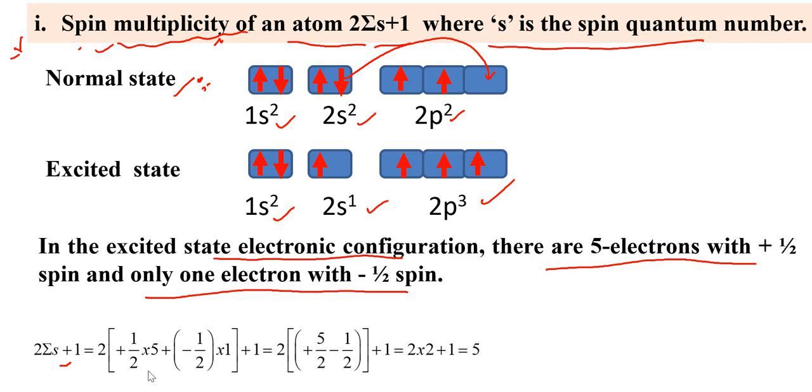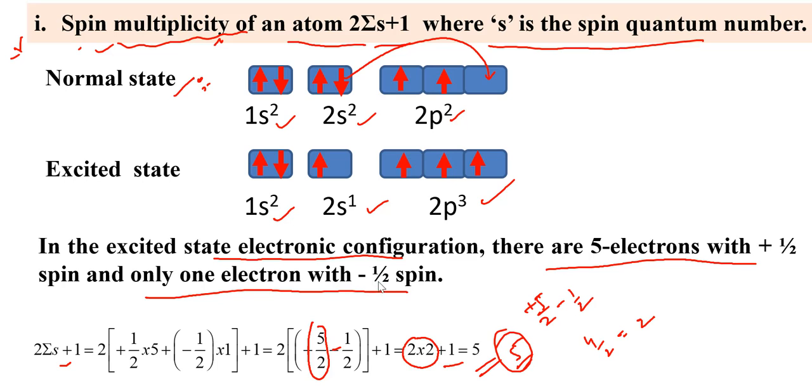Total 5 electrons, that means 5 by 2. Then 1 electron in the opposite direction, minus half, plus 5 by 2 minus 1 by 2. That will be 4 by 2, that means 2. Then 2 into 2 plus 1, the total is 5, right?